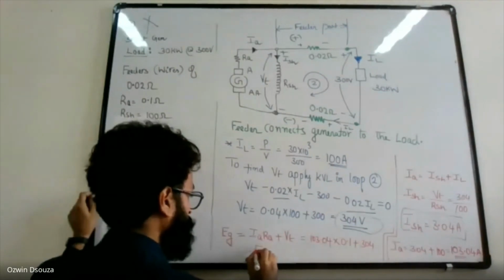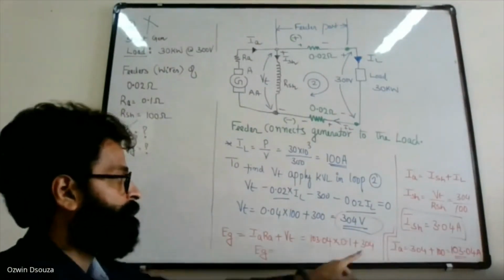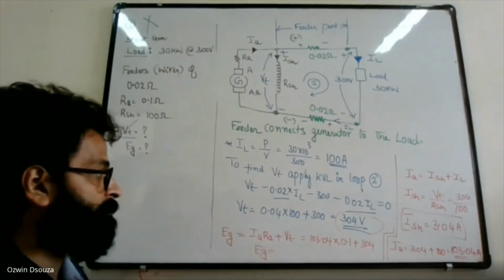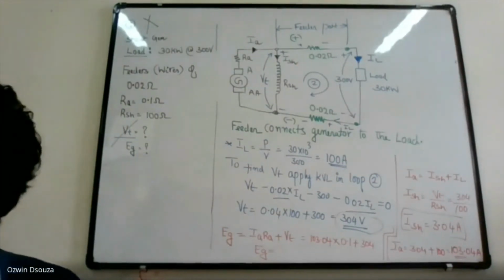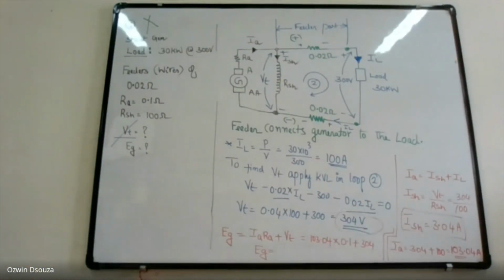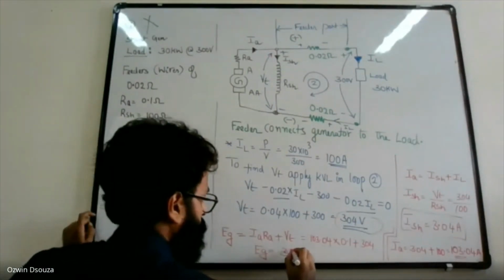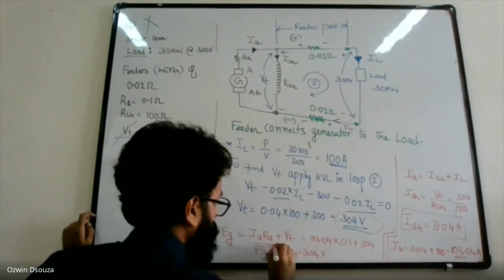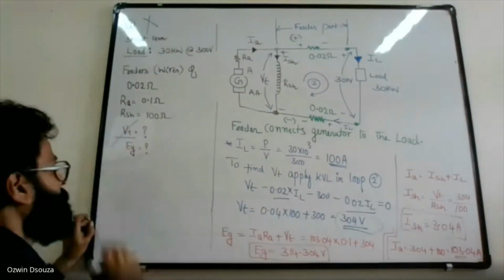That will give you EG equal to 304 plus this, something like 314.304. That is your EG.